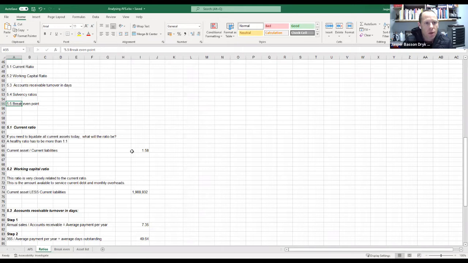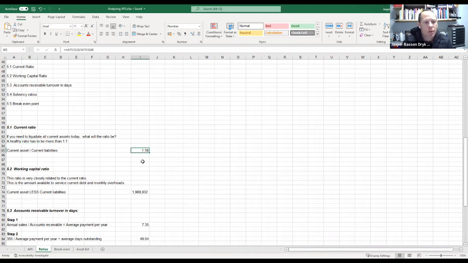So obviously the current assets need to be more than the current liabilities, and the absolute minimum is 1-to-1. I'm mentioning it as a healthy ratio, but that's the minimum healthy ratio you can get. You want your assets to be more than your liabilities.